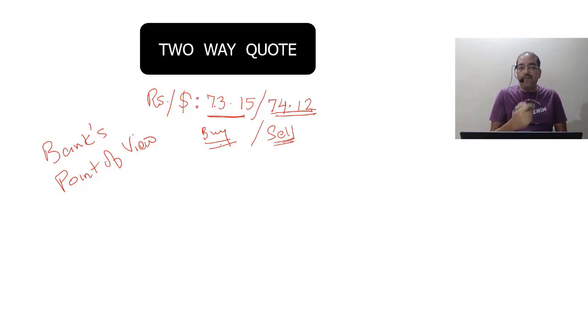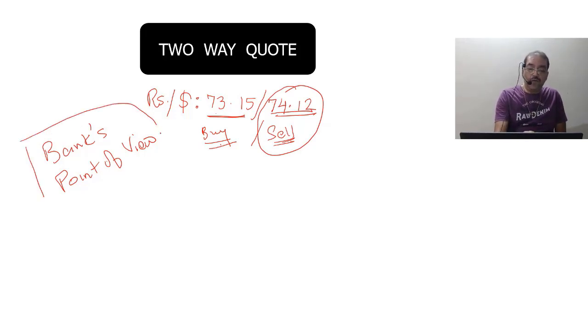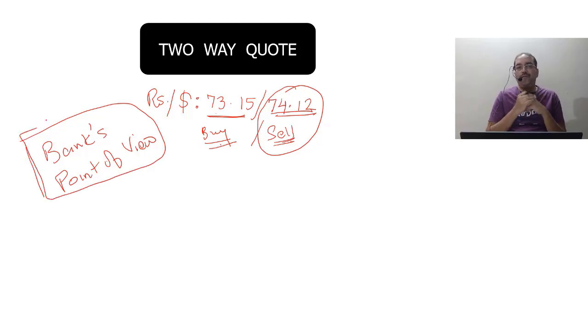If I want to buy from the bank, that means this rate is applicable, because if I am buying from the bank, the bank has to sell. And these rates are from the bank's point of view, not from my point of view. The bank is selling at 74.12, to me. So if I am buying, I will have to buy at 74.12. So the bank's buying rate is my selling rate. The bank's selling rate is my buying rate.